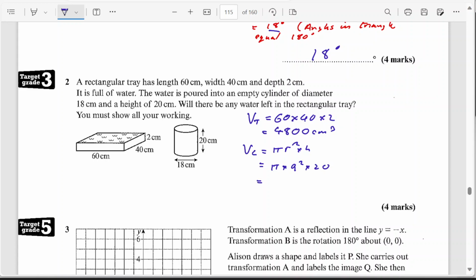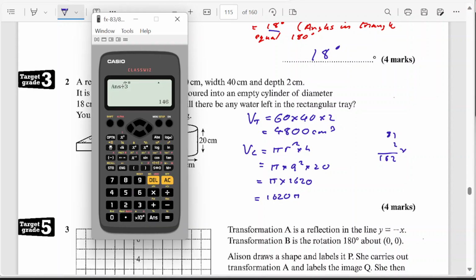So that's going to be pi times by 81 times by 20, so 1620 pi. I missed a zero off there, sorry.